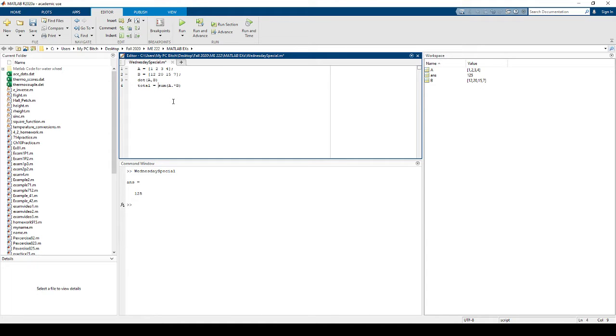Let's do total is equal to that. And so you get total is 125 as well. So our two answers match, so therefore we've done it right.